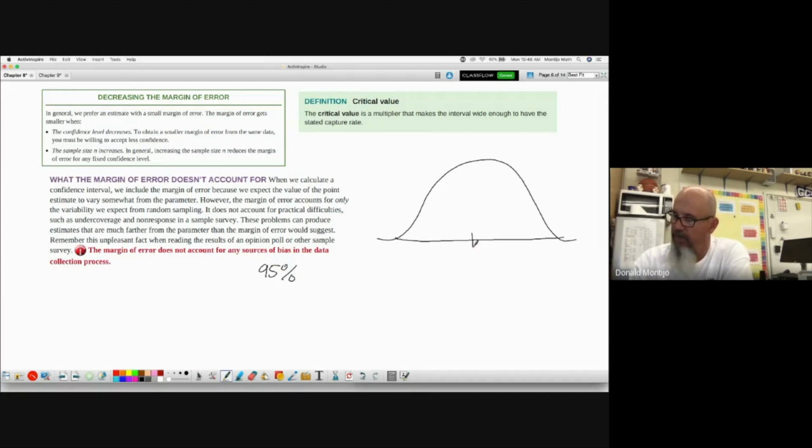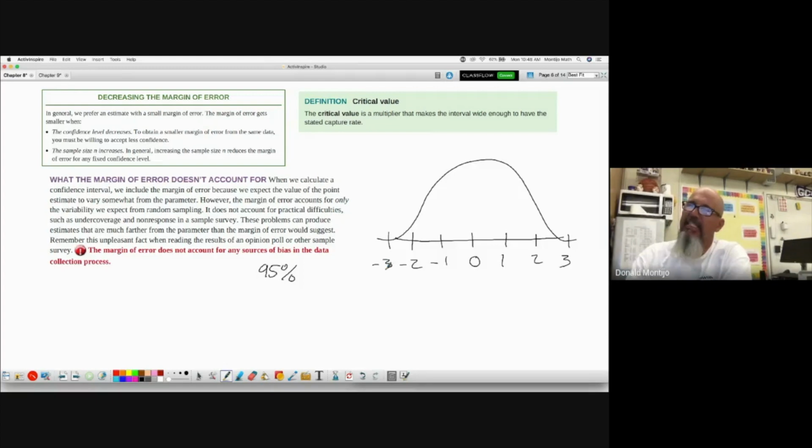Well, if I look back at my favorite picture and I standardize the value, let's say 0, 1, 2, 3, -1, -2, -3. So now I have the standard normal curve. Well, we said before that 95% was roughly 2 standard deviations on either side of the mean.